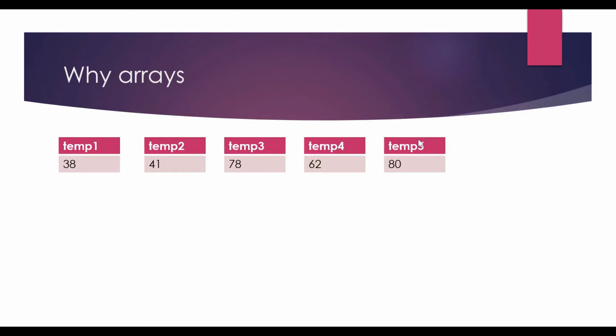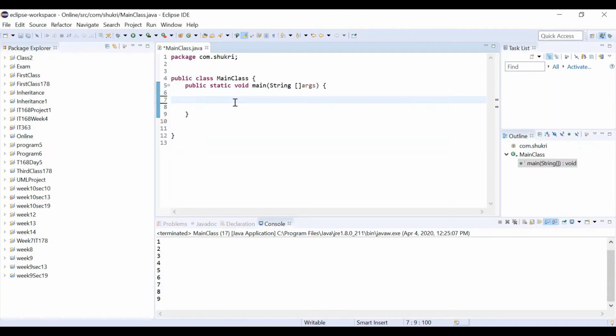Now, why is this a problem? Let's try to see that in Eclipse. Here in Eclipse, I'm going to create these variables, and let's assume we are storing only integer temperatures. So int temperature1, and let's assign it the value 38.